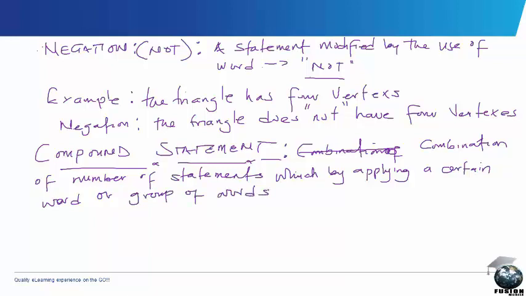Just like in our negation, negation is also a form of what helps to conjoin compound statements together. But let us talk about what we call those groups of words that help us to combine a number of statements to form a compound statement.